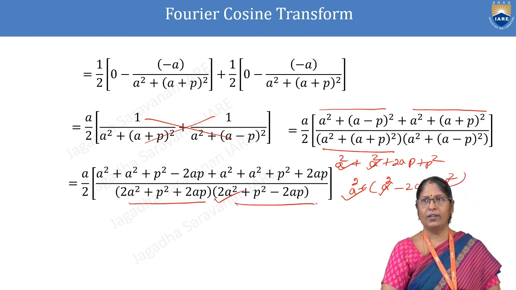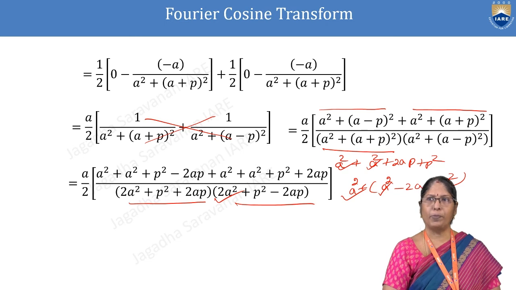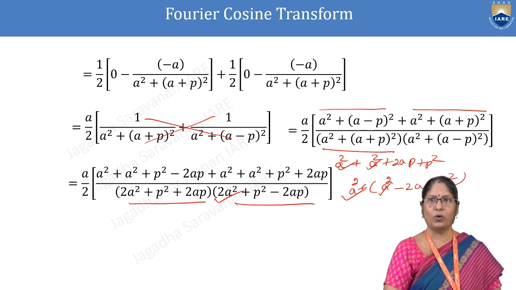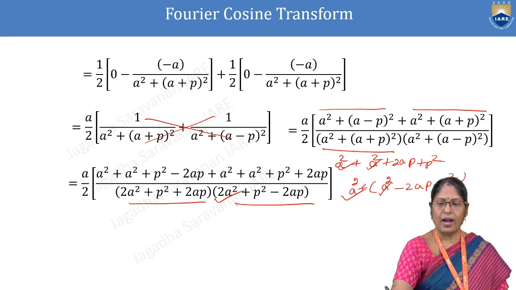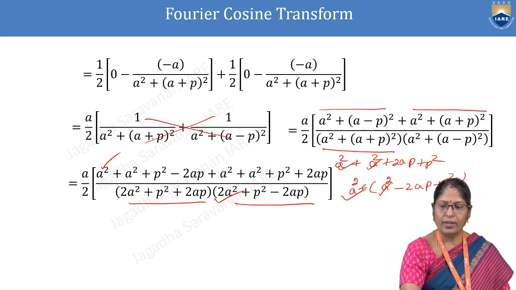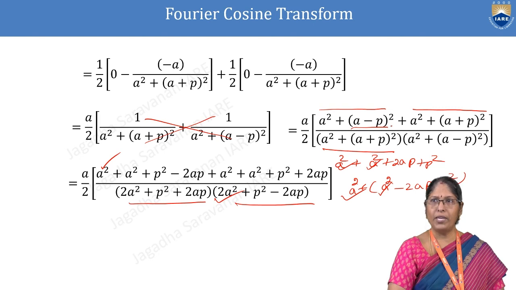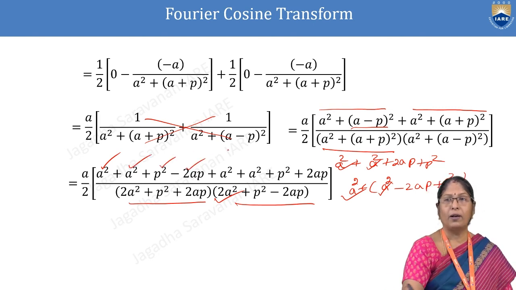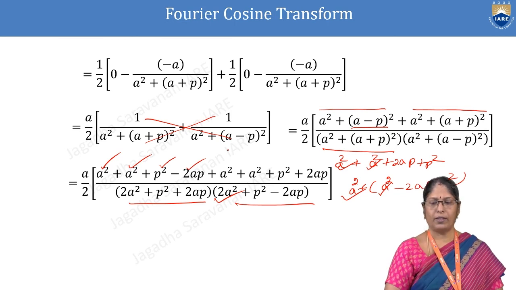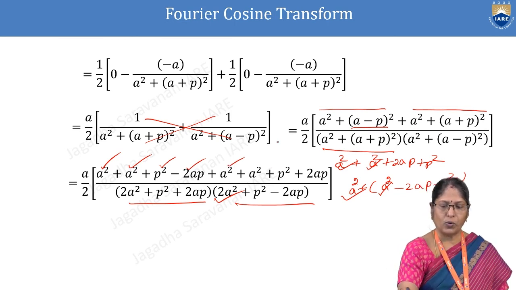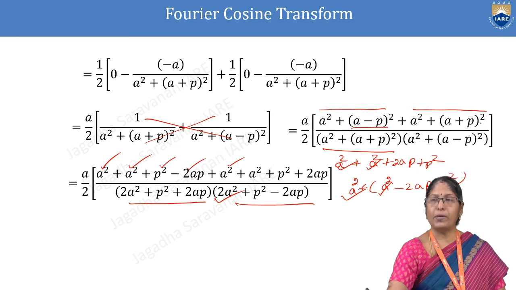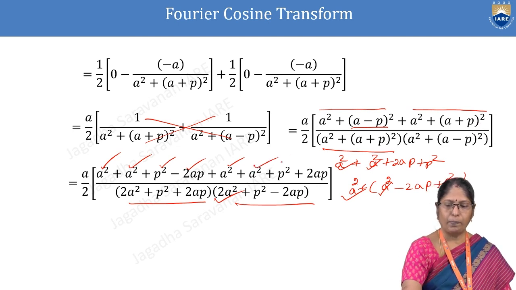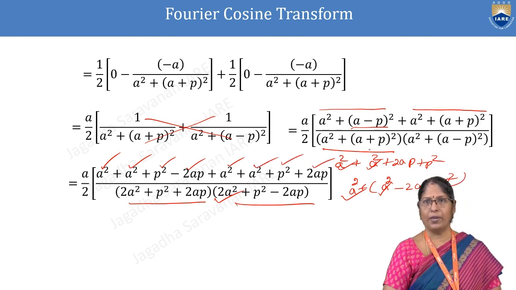We applied the a plus b the whole square and a minus b the whole square formulas, and we did the simplification. Here a minus p the whole square is a square plus p square minus 2ap. Here a plus p the whole square is a square plus p square plus 2ap.